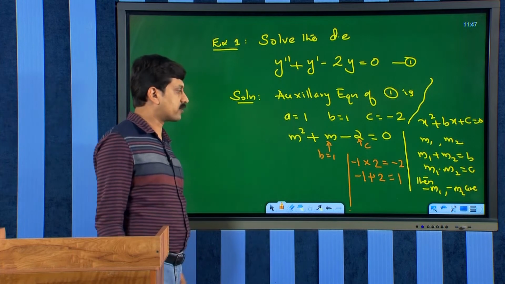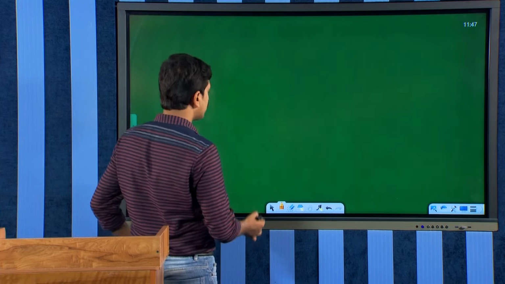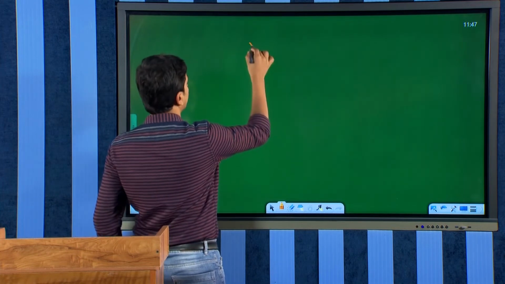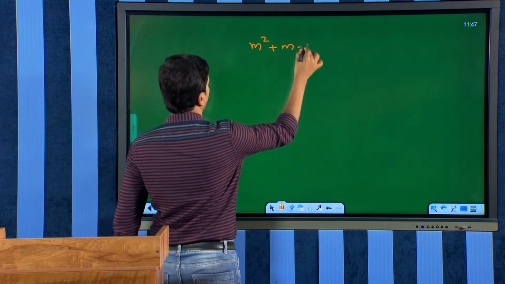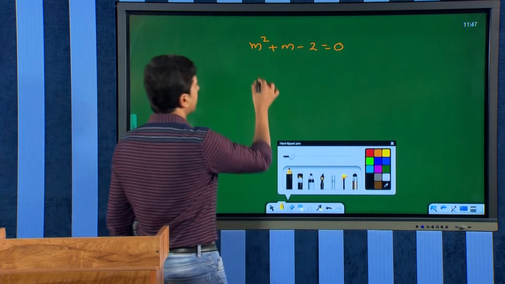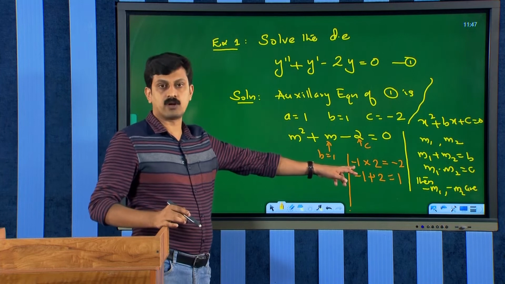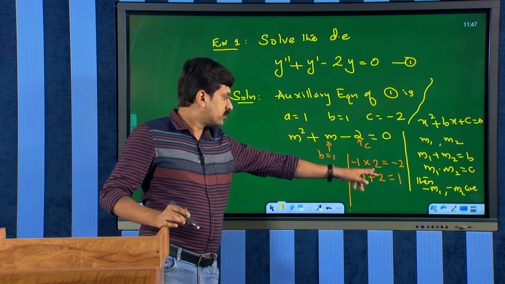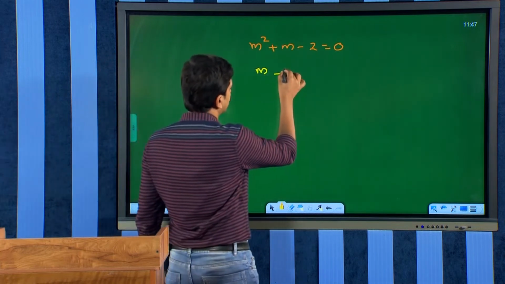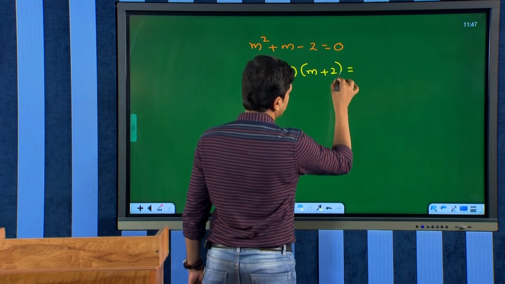Therefore, instead of this equation, we can write m square plus m minus 2 equal to 0, the quadratic equation, which can be rewritten as m minus 1 into m plus 2 equal to 0.